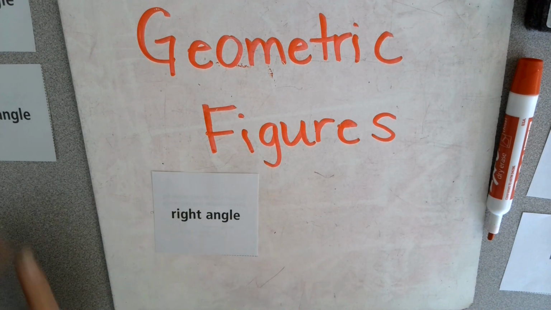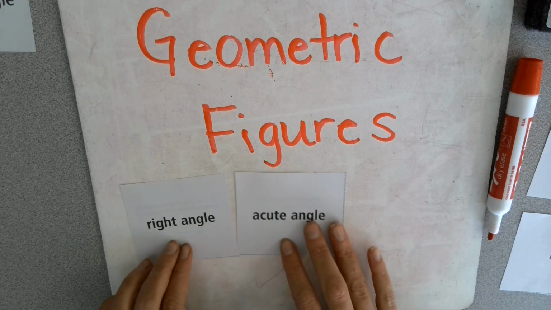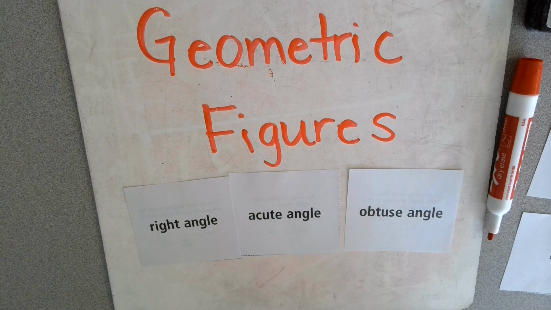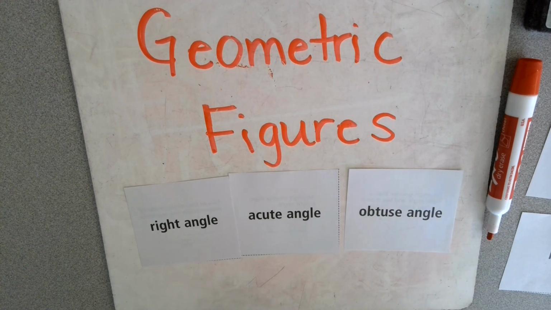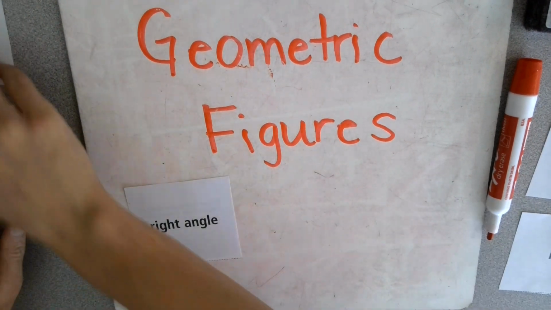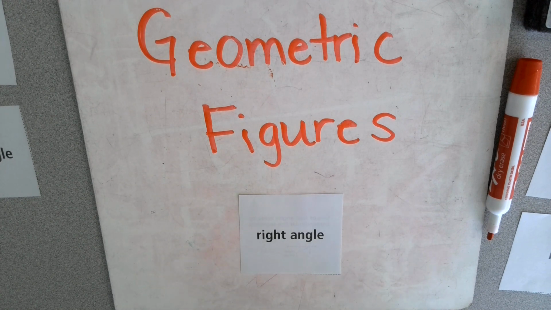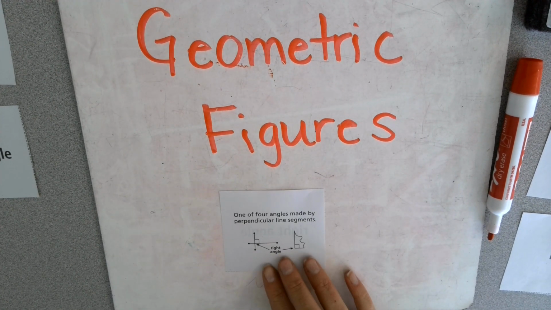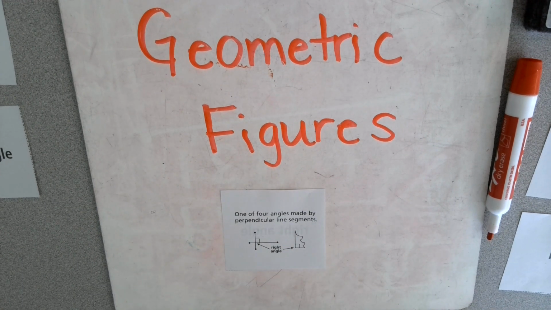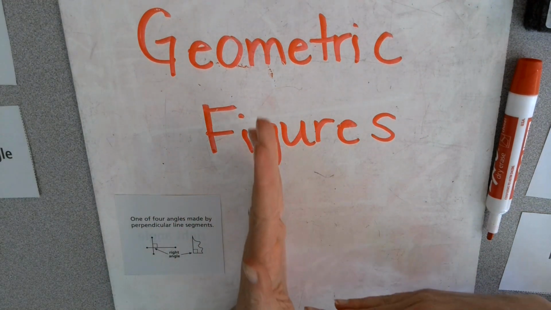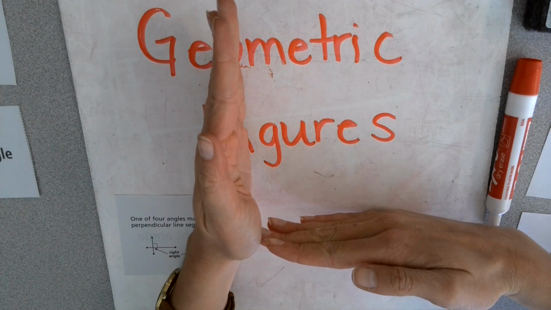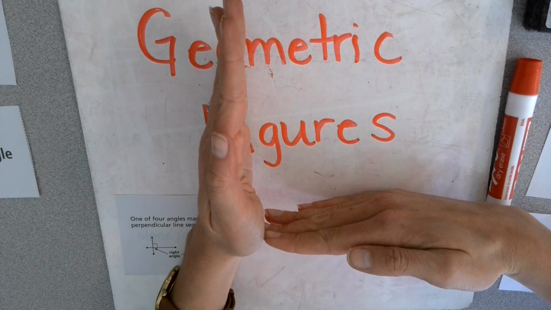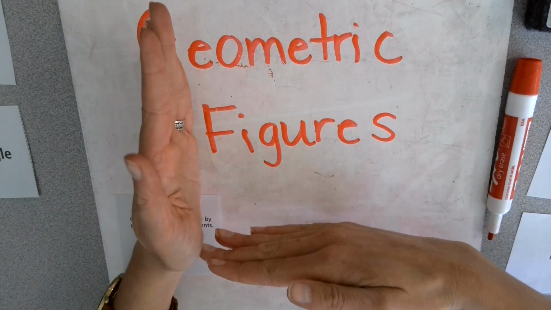We have a right angle, an acute angle, and an obtuse angle. So these are 3 different types of angles. I'm going to start with a right angle first. That seems to be my favorite. It's just one of the easier to remember and learn. A right angle is when the line segments that come together create a perfect square, like a corner.